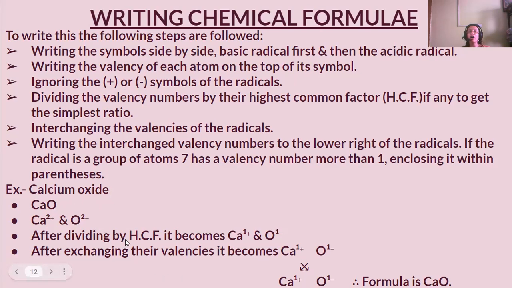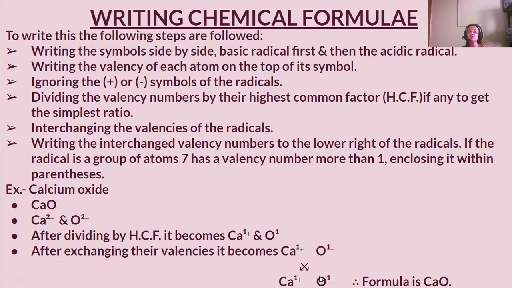Now, after dividing by HCF, that is highest common factor, since both of them have 2 valencies, we divide by the highest common factor and it becomes Ca1 plus and O1 minus. Now we exchange their valencies.